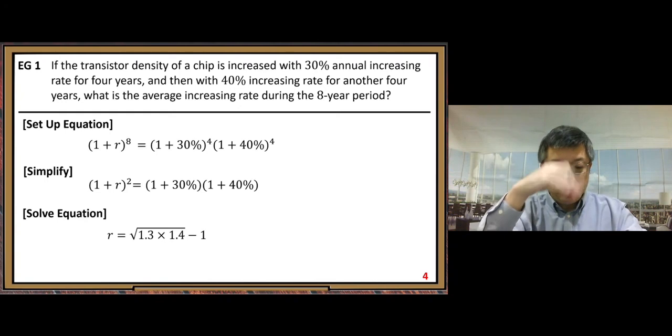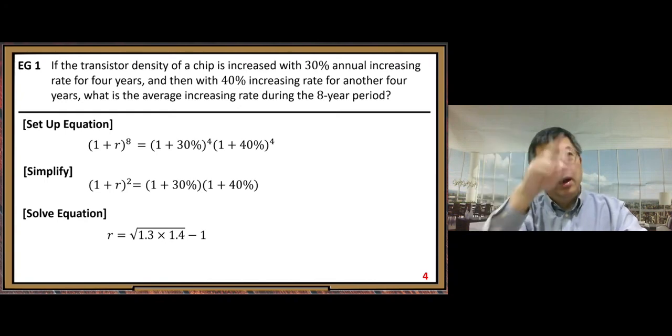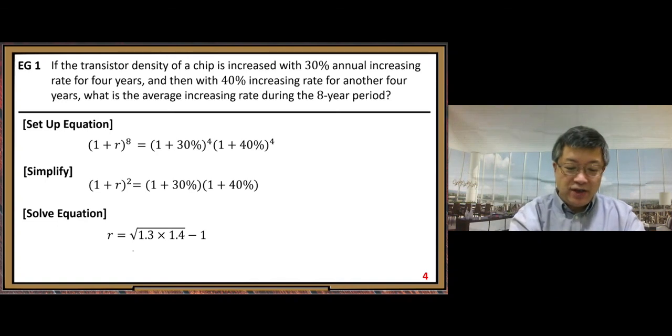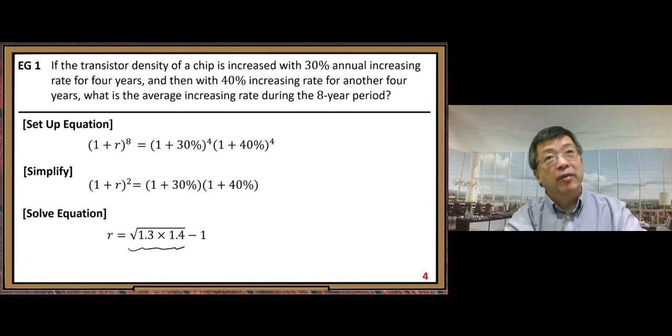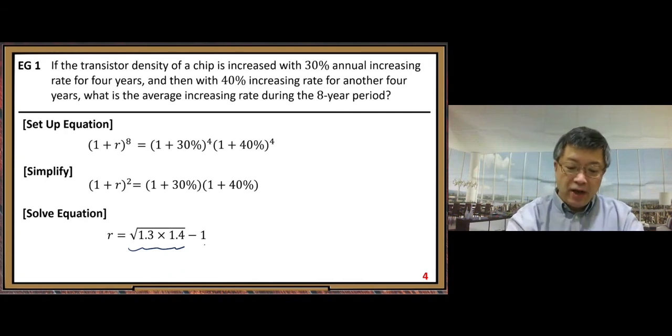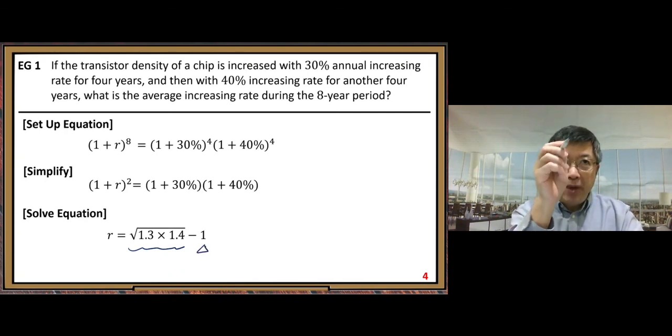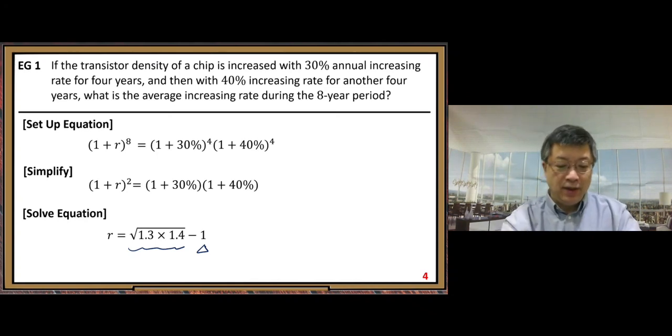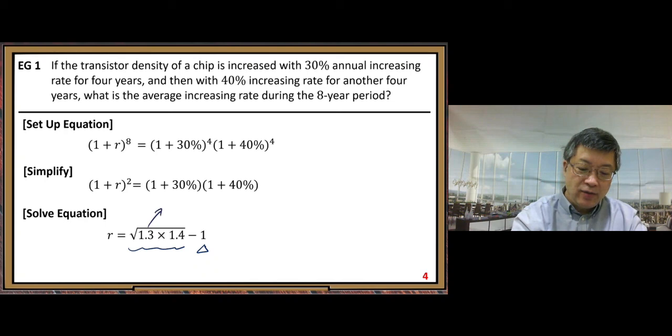So R equals the root of 1.3 times 1.4. Here you can see the geometric mean of 1.3 and 1.4. And at the end, minus the base number 1. So here we have a chance to use the geometric mean.